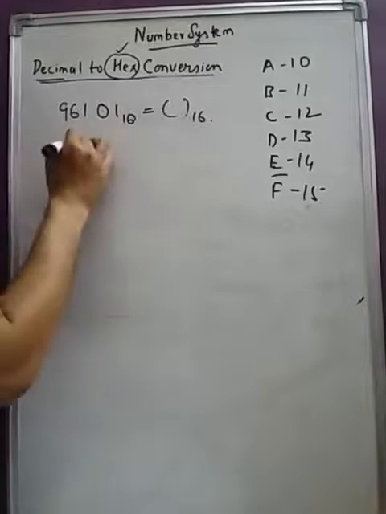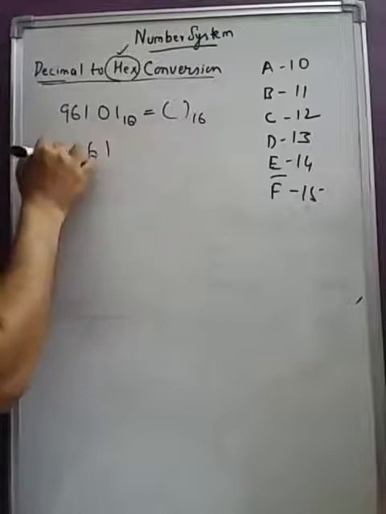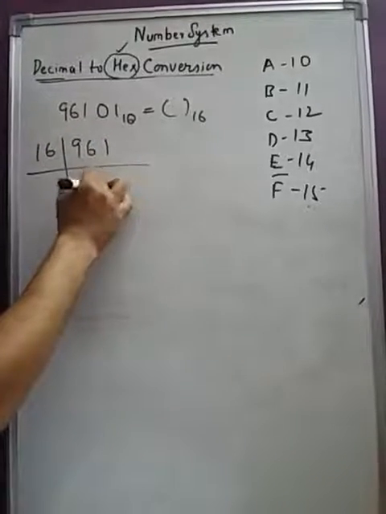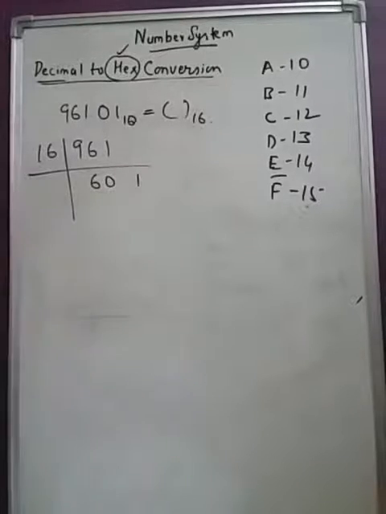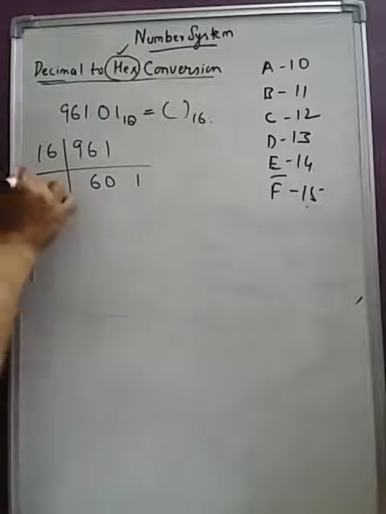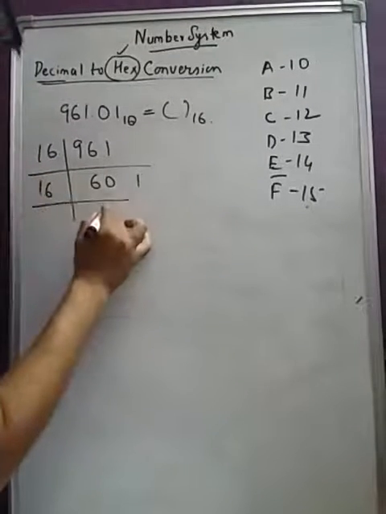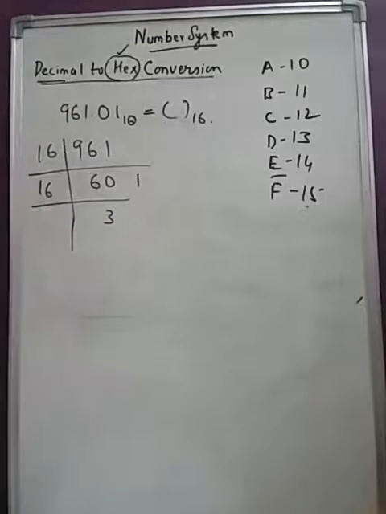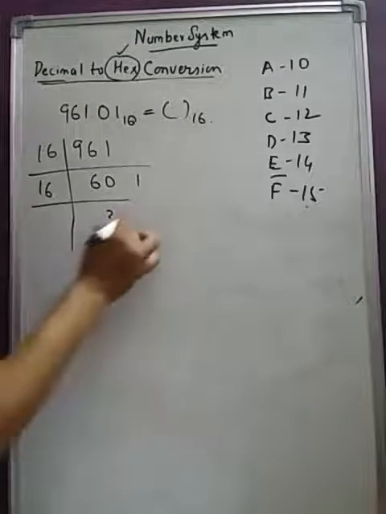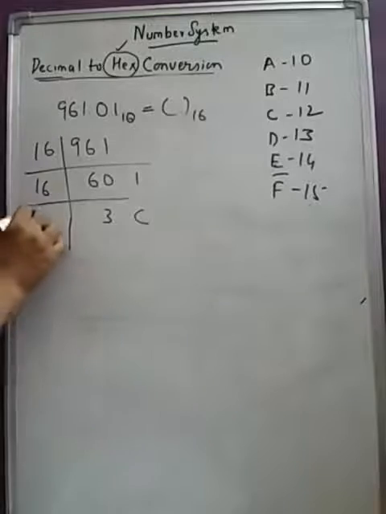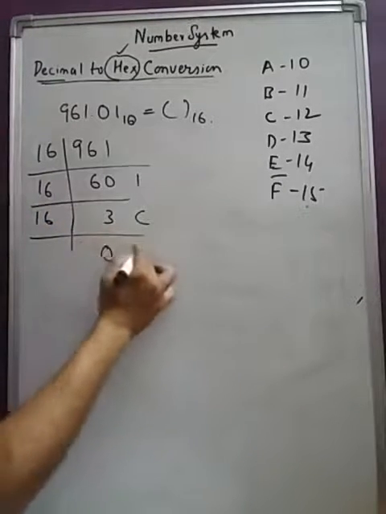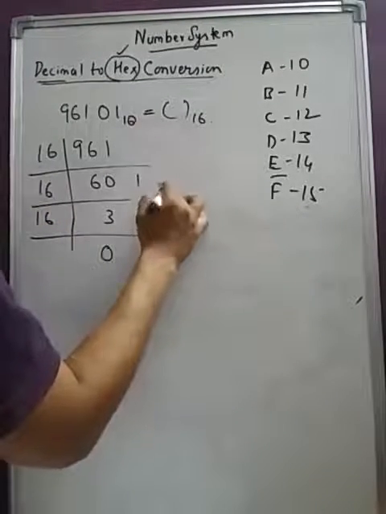For 961 you have to divide it, so I divide it by 16. It will go 60 times and 1 will be the remainder on this side. Then it will go 16 3s are 48, and 48 and 12, C will be here. Next it will go 0 times and 3 will be the remainder.